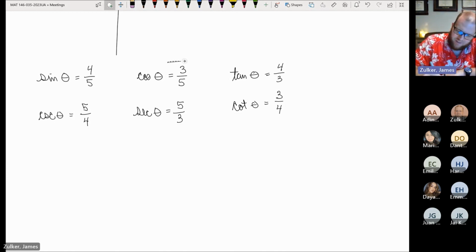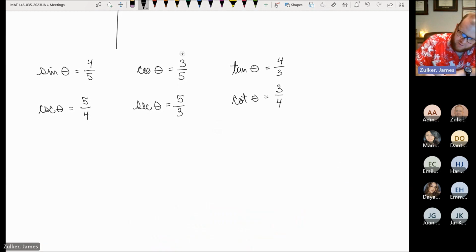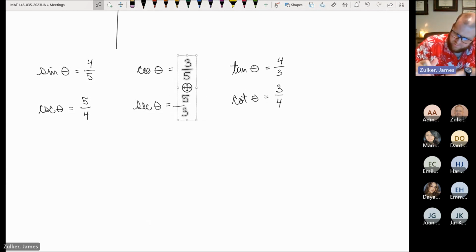The only difference is that those functions that involve x are going to switch to negative.